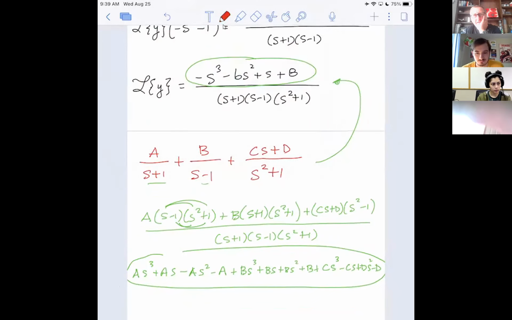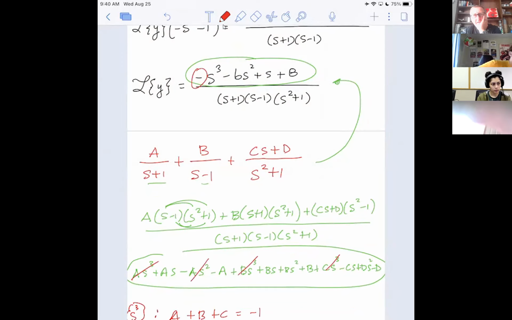So in my organization, I'm thinking, okay, I got some s cubed terms here. What are my s cubed terms? I've got an As cubed, I've got a Bs cubed, I've got a Cs cubed. So A plus B plus C must be equal to that negative 1. I've got s squared terms.